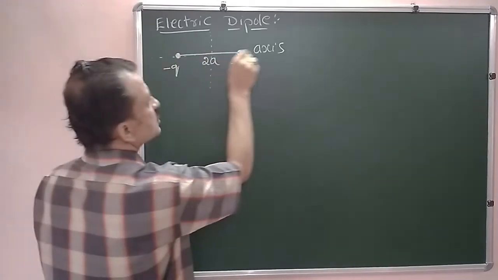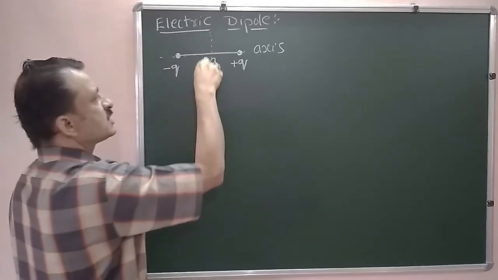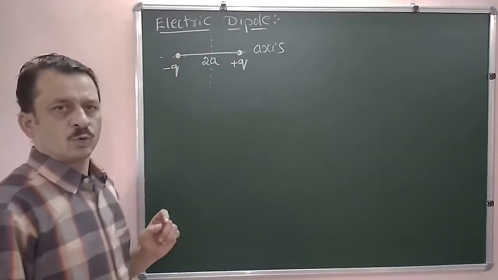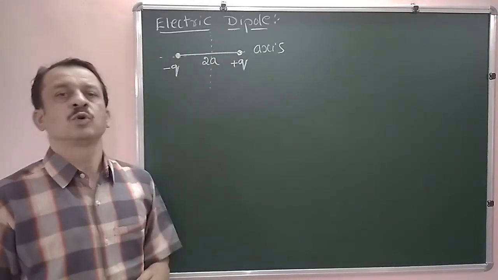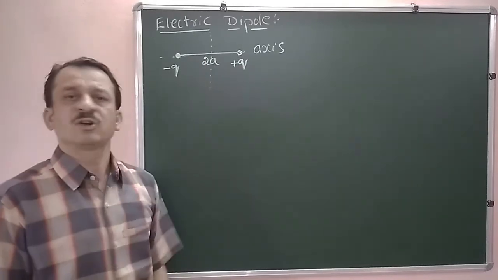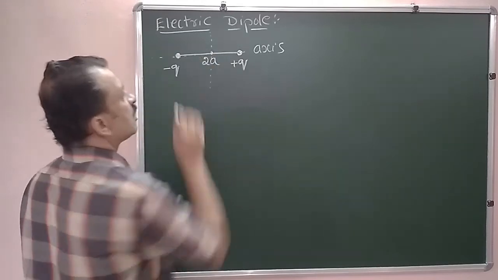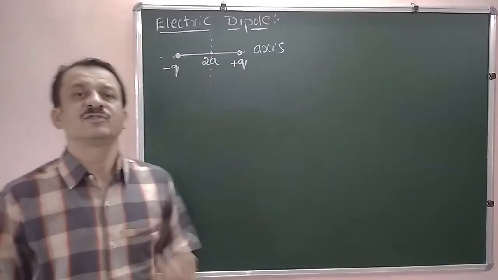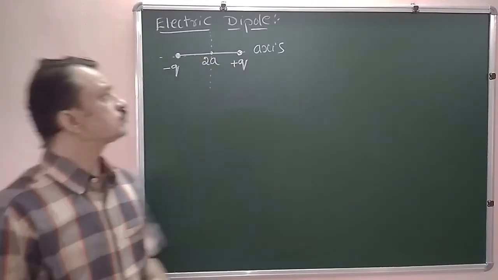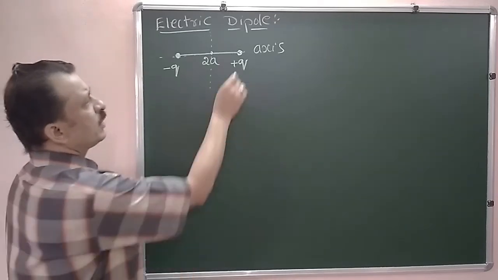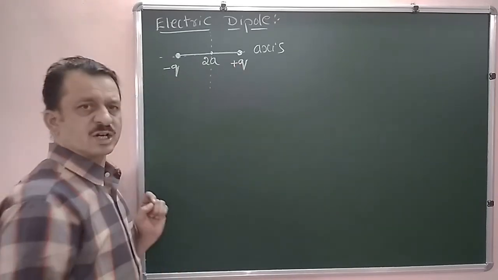Now this corresponds to the axial line, and this line which is perpendicular to the dipole and passing through the midpoint of the dipole is called the equatorial line. The midpoint of the dipole is also called the center of the dipole.